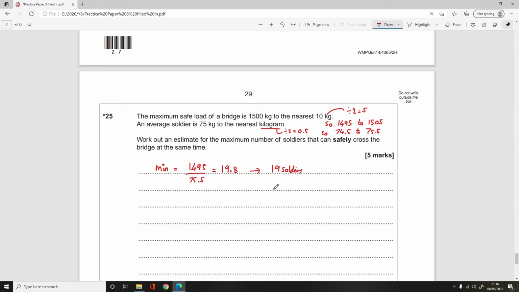Okay. Hope that helped. Give yourself a mark out of 57. As far as general grade boundaries go, I would say, let me just do a little quick calculation here, that you'd be looking at something like 50 marks for the grade 9.